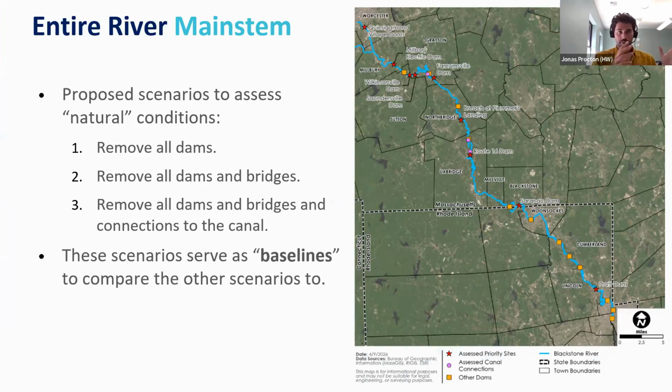I'm going to start big picture, and that's with some baseline scenarios across the entire main stem of the Blackstone. These baseline scenarios are basically to assess what we would consider natural, almost no human impact conditions of the river, as much as that's possible to approximate with a model.